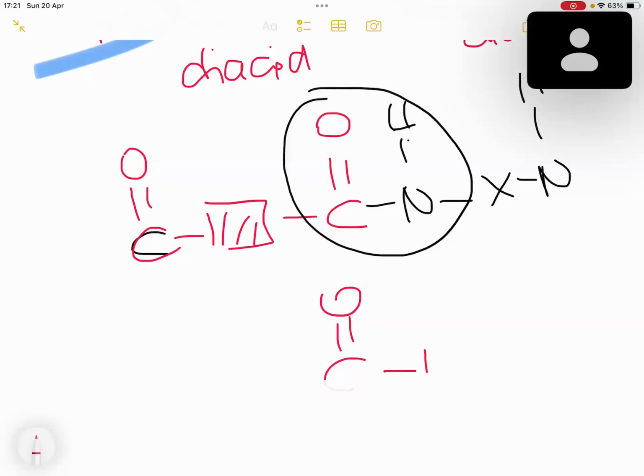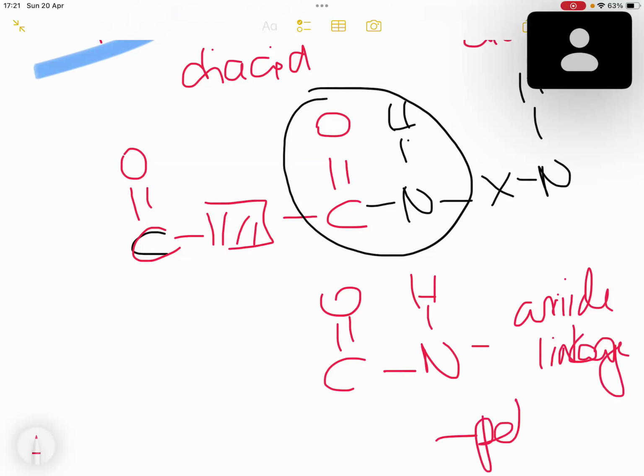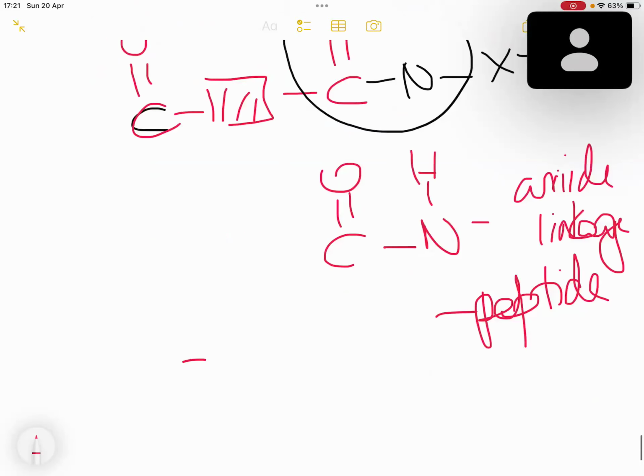C double bond O, NH, which is my amide linkage, or my peptide linkage. Nylon is used to make fabrics, fishing line, fishing nets. So it can look like this or this. It's still the same linkage because it's the same bonds.